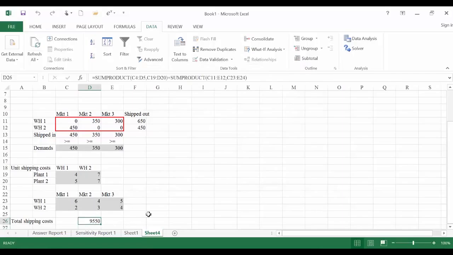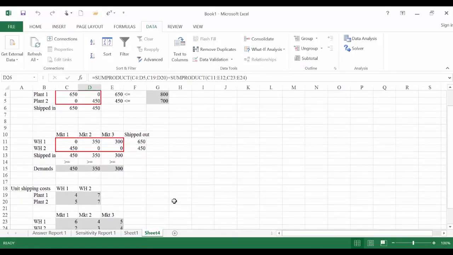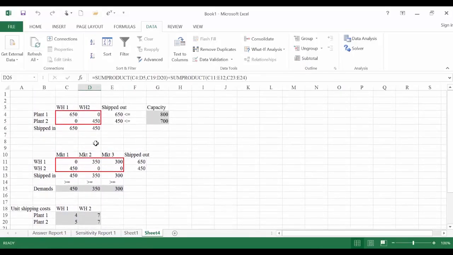So we see now the optimal solution is to produce and ship 650 units from the first facility to warehouse 1, and also produce and ship 450 units from the second facility to the second warehouse.